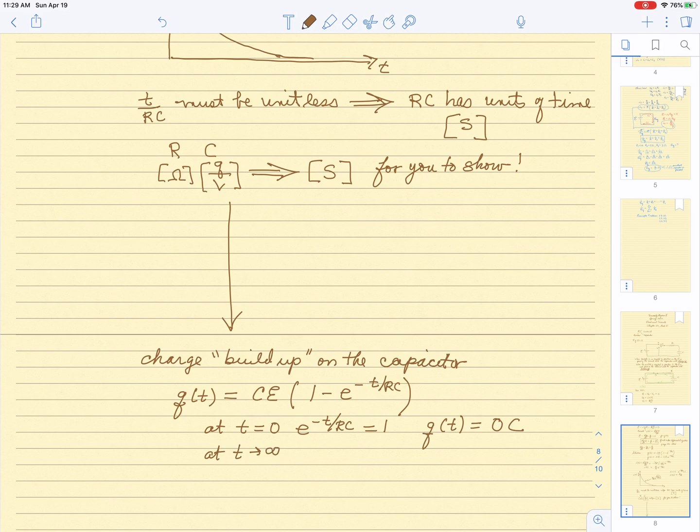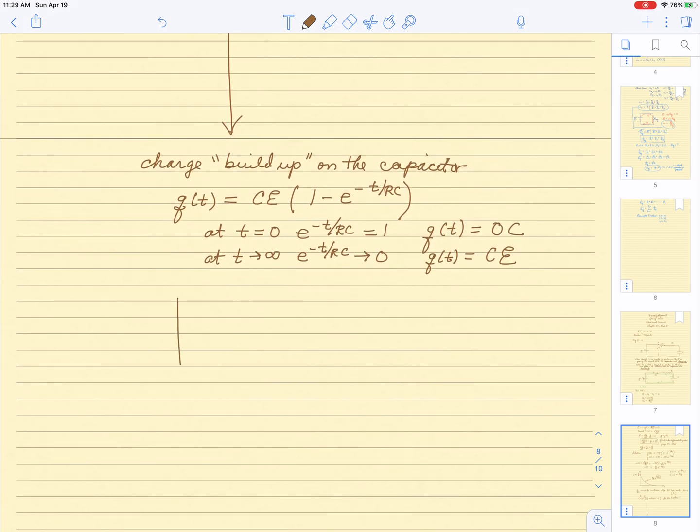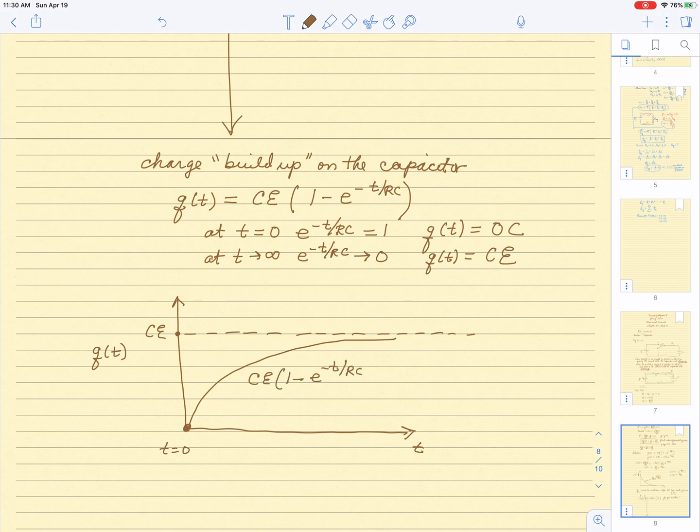At t approaching infinity, e to the negative t over RC is going to approach 0, and so then Q of t is going to be equal to C times E. In between, if we look at plotting Q of t as a function of t, then we know it's going to be 0 at time equals 0, and at very long times it's going to approach C times E. And so that's going to look something like so, with the functional form in between, C times E times 1 minus e to the negative t over RC.